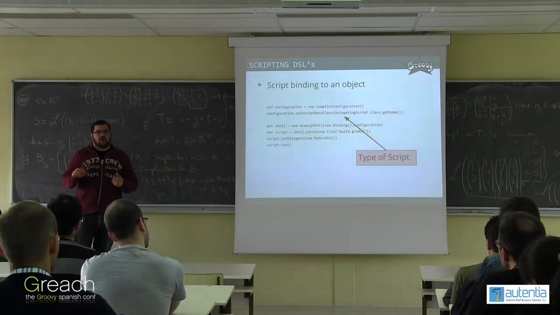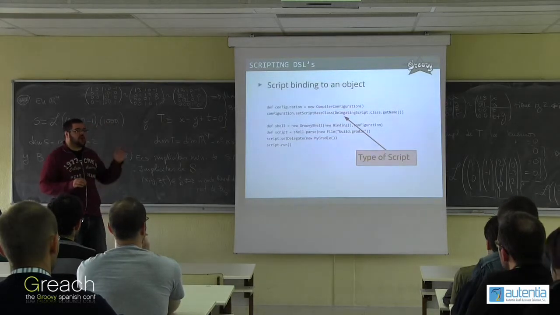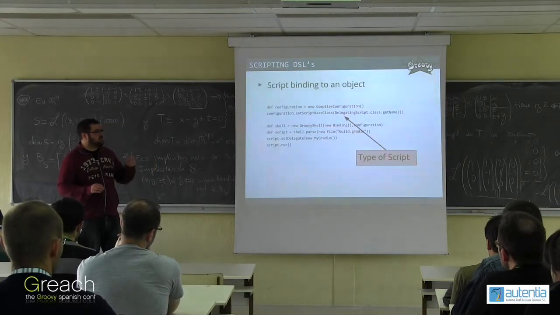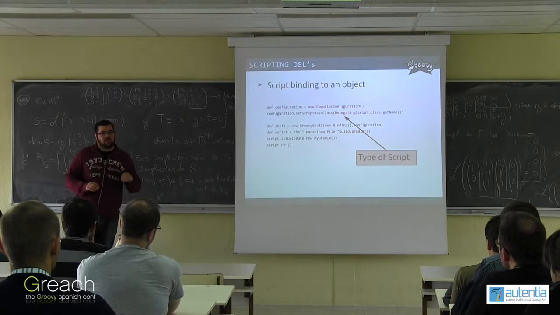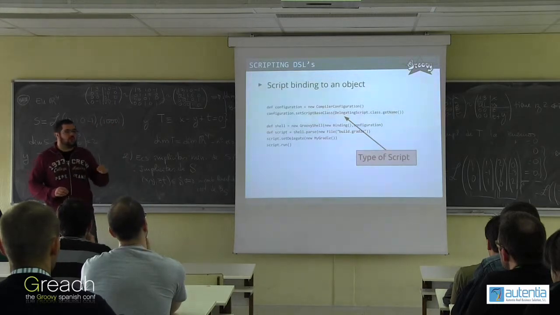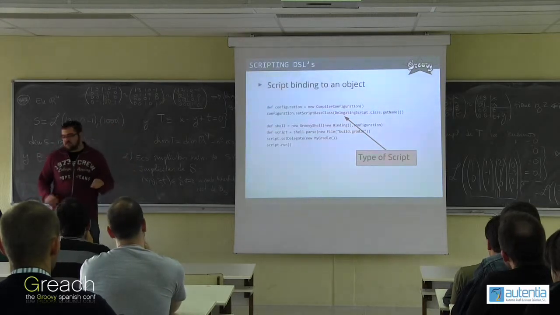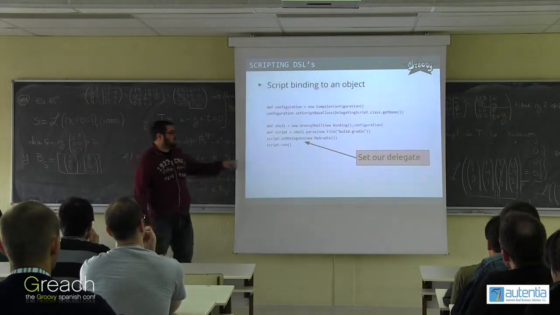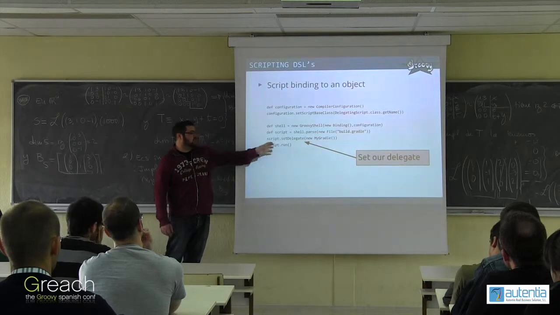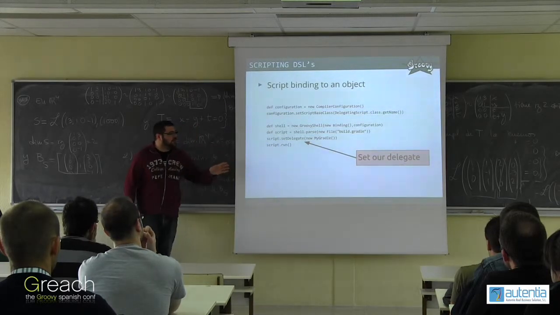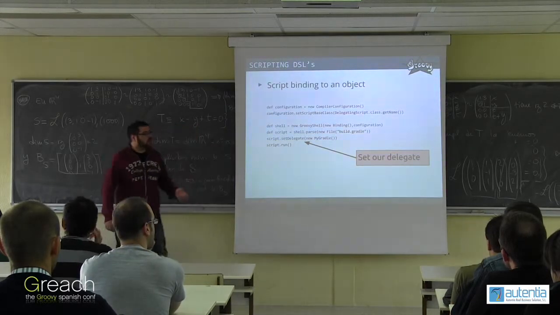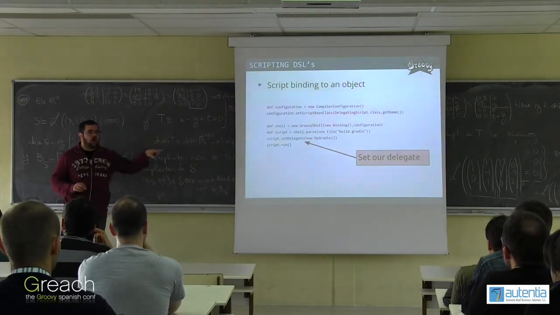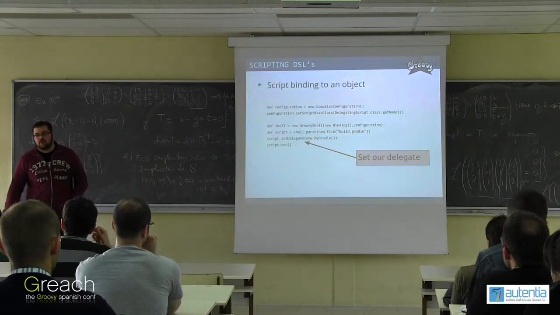I mean, Groovy by default uses the binding that I just showed you, but you can also tell Groovy that you are going to put a delegate object, and this is the key method, setDelegate. If you do that, then when you run the script, all the methods inside that script will call the delegate.